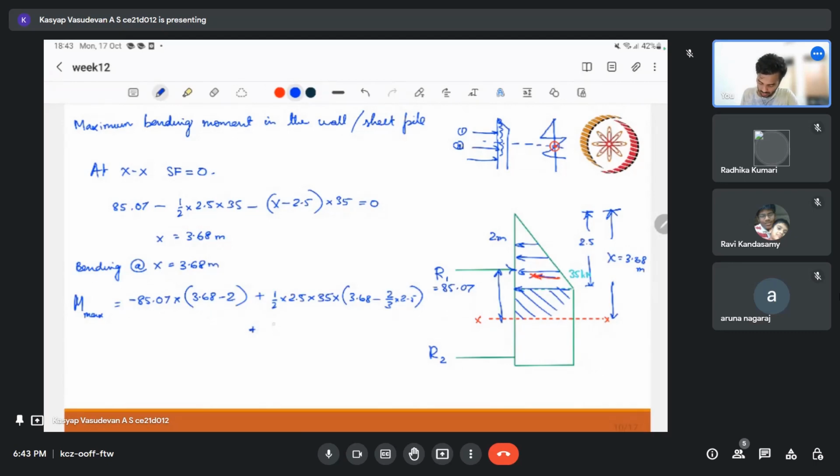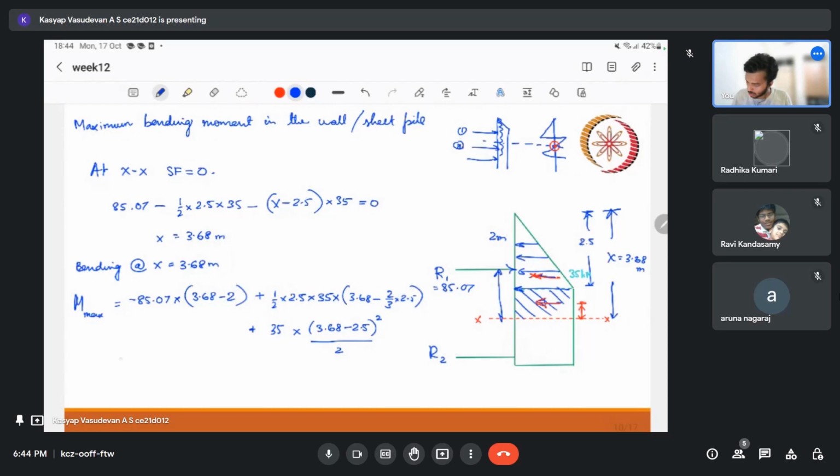The rectangle's width is 3.68 minus 2.5, into 35. Or let me write it the other way, 35 into 3.68 minus 2.5, this is the force, and this is half of this width. So I can write it again divided by 2, so 3.68 minus 2.5.